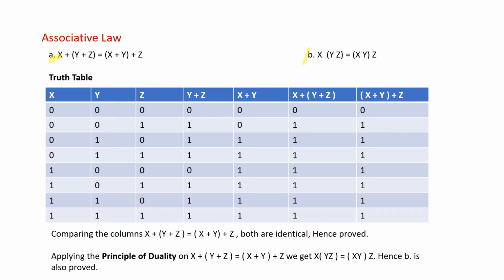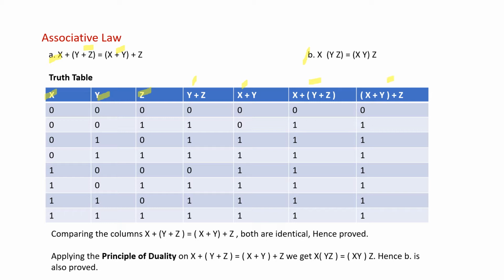We can prove this using a truth table, and we have already seen multiple times how to fill in the input columns x, y and z. The first set of columns we are going to write down are the ones within the brackets. So we compute y OR z and x OR y, and then we write down the LHS and then the RHS.